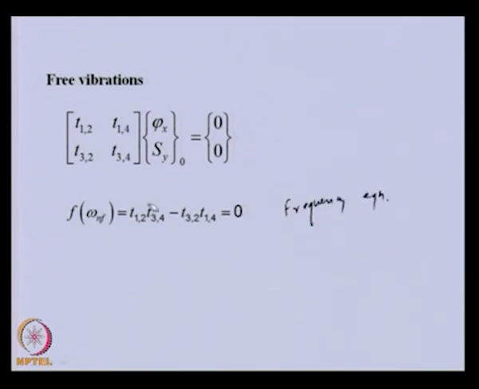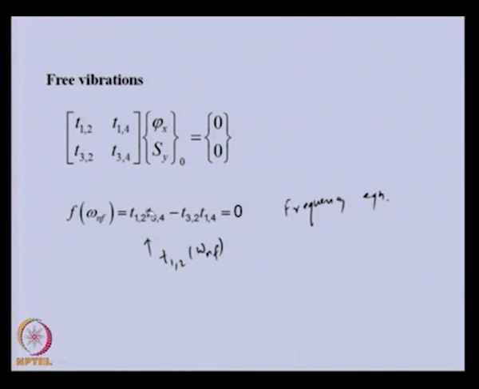This T12, T34, all these terms are basically functions of the natural frequency. All T terms are functions of the natural frequency, so basically here we expect a polynomial. For the transverse vibration case, this polynomial will generally be of higher degree, because if you are dealing with a larger mass rotor system, then obtaining this polynomial will not be easy.